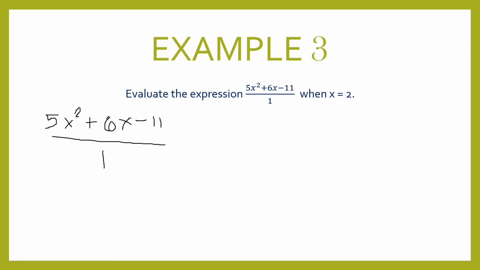So, when x is equal to 2, lahat ng x na nakikita ninyo dito sa ating expression, papalitan natin ng 2. Yun yung ibig sabihin noon. So, palitan natin siya ng 2.